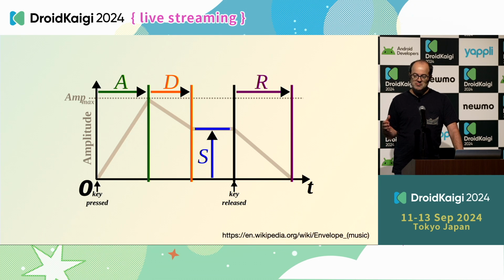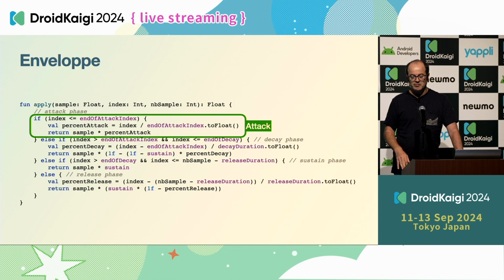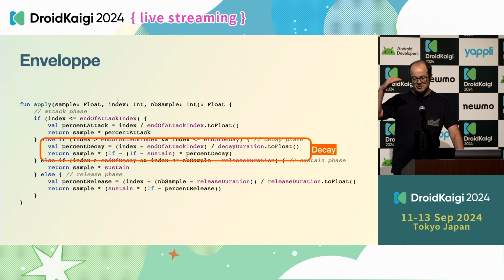To generate transitions between sounds, you might want to use what we call an envelope. I will not go into all the details, but just keep in mind that there are different phases during a sound, and what we will do is play with the volume during these phases. There is the attack phase, in which we try to reach the volume level. The decay phase will lower the volume a bit, for example.